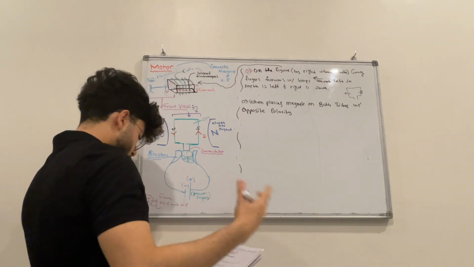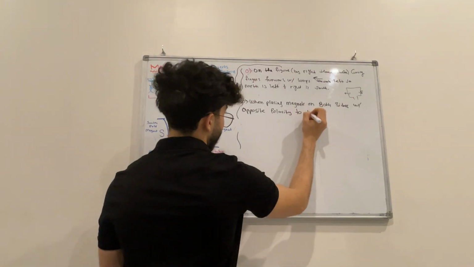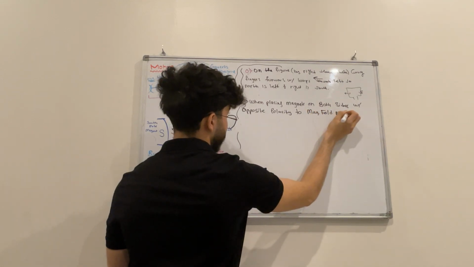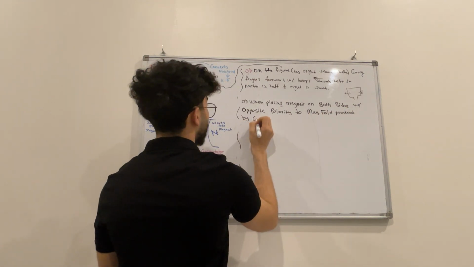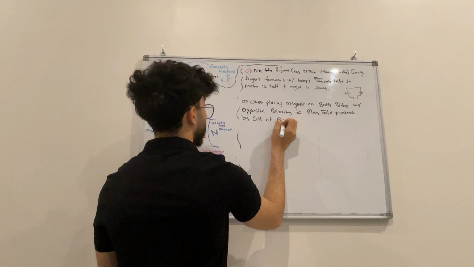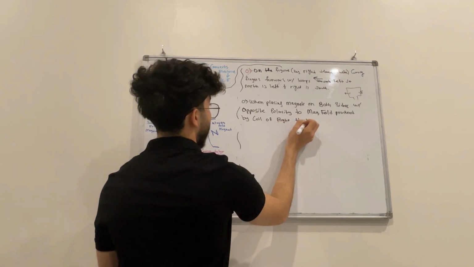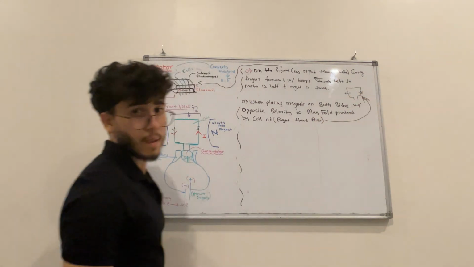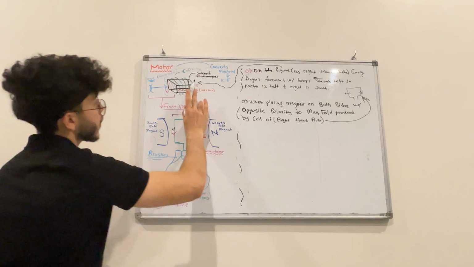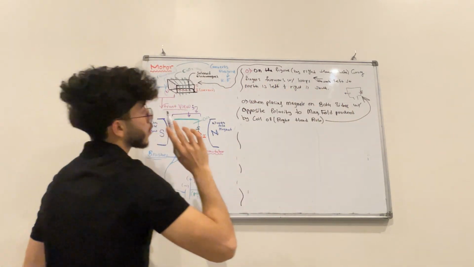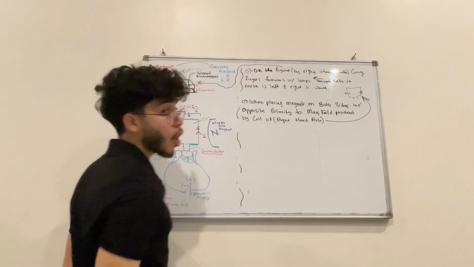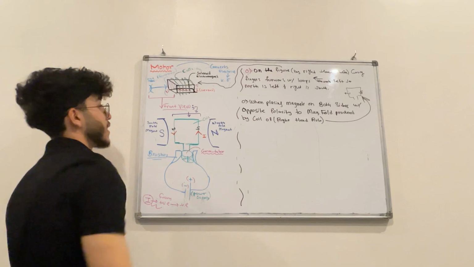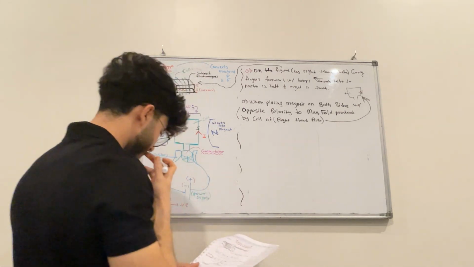Opposite polarity to the magnetic field produced by the coil by right hand rule, which is this one. So we have right hand rule on this figure. It produces a magnetic pole on the coil. I will place magnets on both sides with opposite polarity to the magnetic field produced by the coil using the right hand rule. What will happen now?